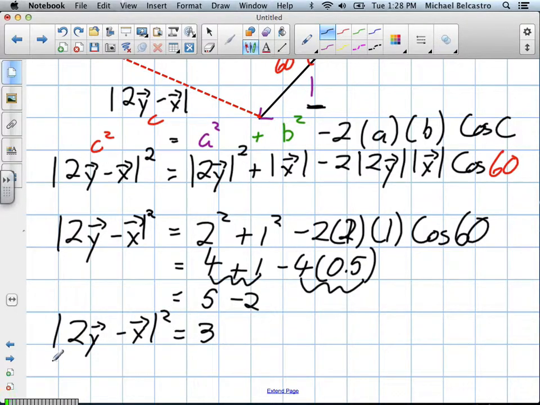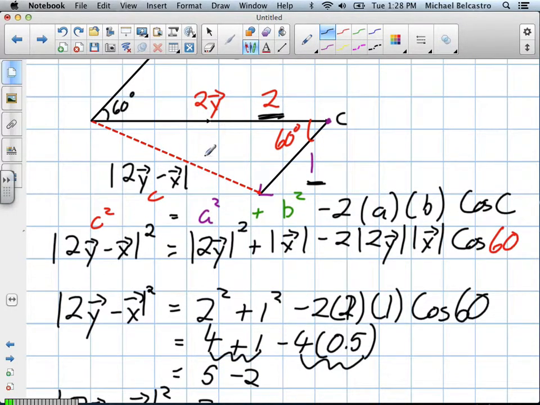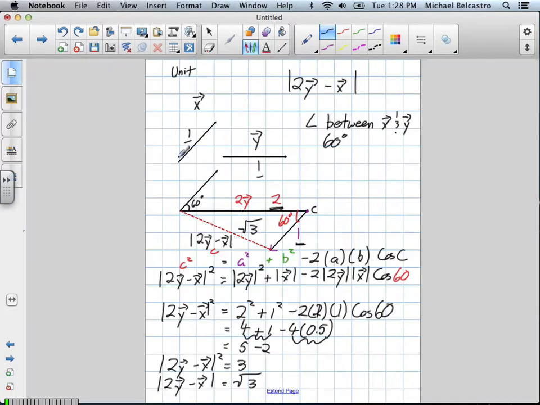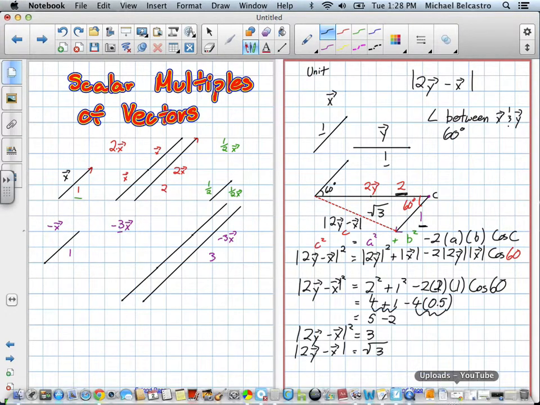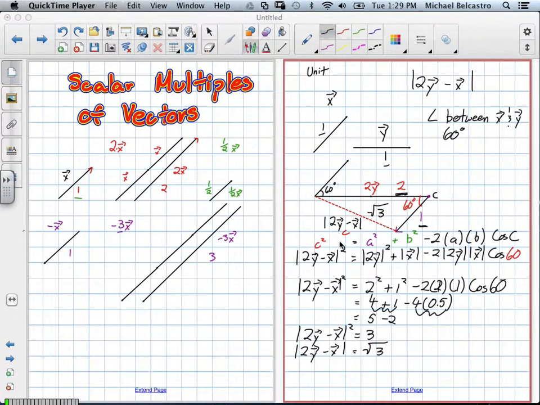In other words, the magnitude of 2y, and this is how they represent that magnitude, is equal to root 3. So that's what this value would be here, root 3, which is really one of our special triangles, right? So that's our idea with scalars of a vector.